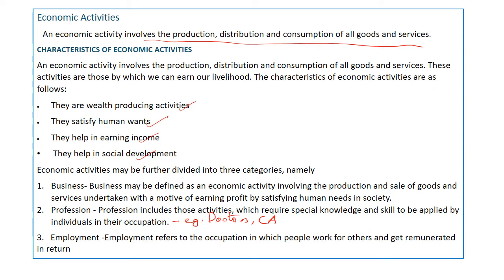Then the second one is profession. What do you mean by profession? It involves a special knowledge and skill that you apply in your occupation. For example, if you are a lawyer, you have to register with the Bar Council of India, or if you are a medical professional, you have to register under the Medical Council of India.